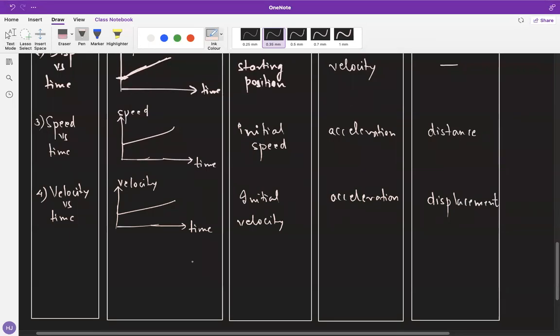And the last situation is acceleration versus time graph. The graph is as follows. Any one of you who would like to take the lead?